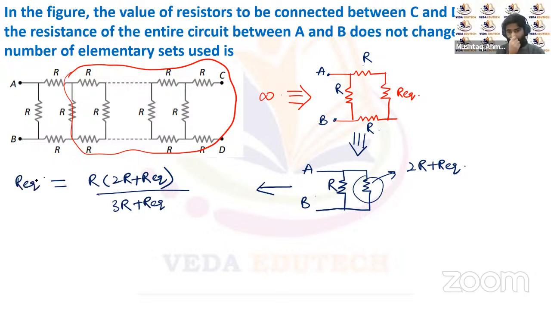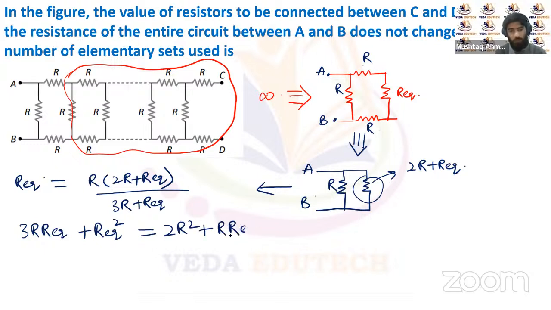So this is the equivalent circuit. We have to find the value of R equivalent such that the value of the equivalent resistance does not change. If we cross multiply, it will be 3 times R into R equivalent plus R equivalent squared, equal to 2R squared plus R multiplied by R equivalent.